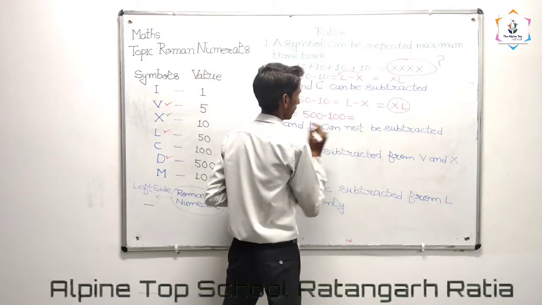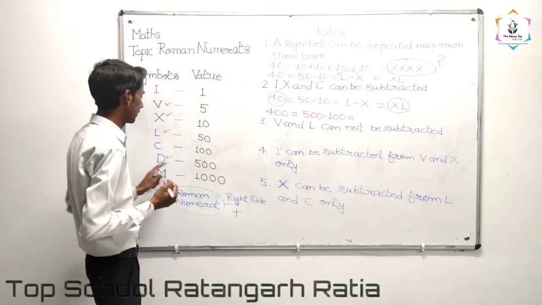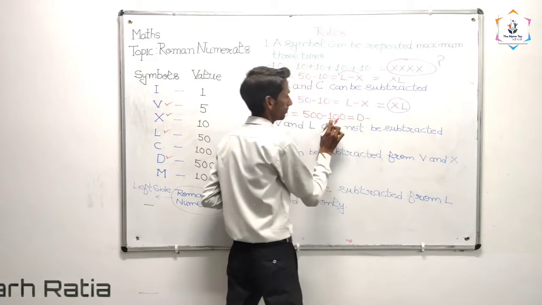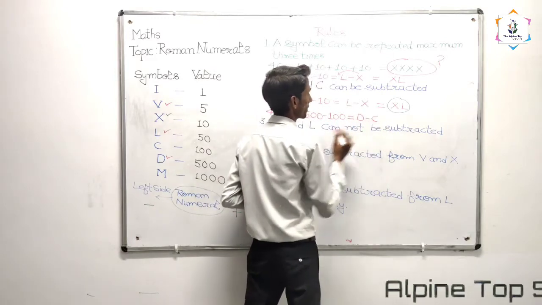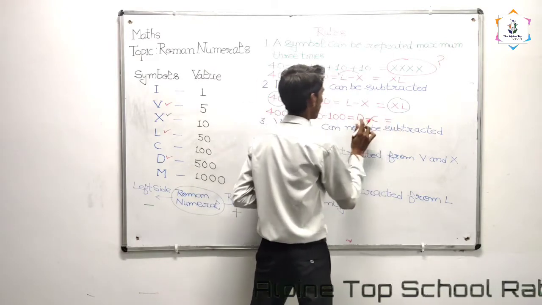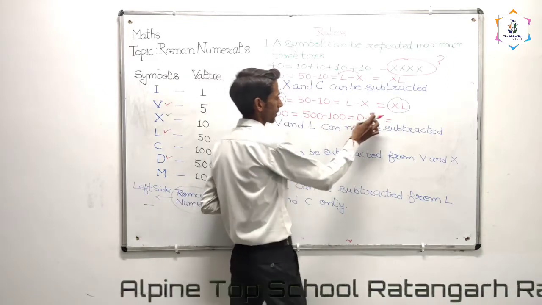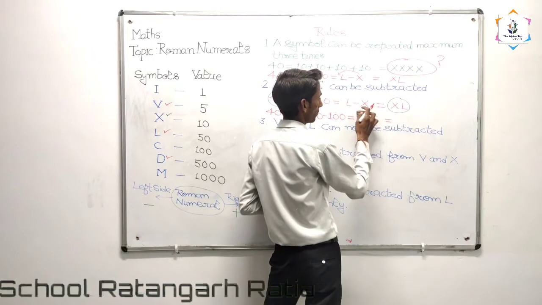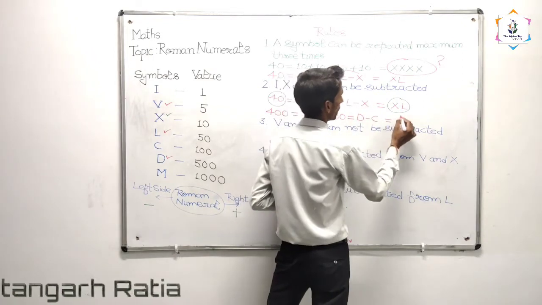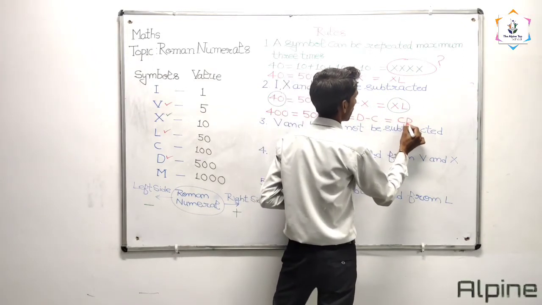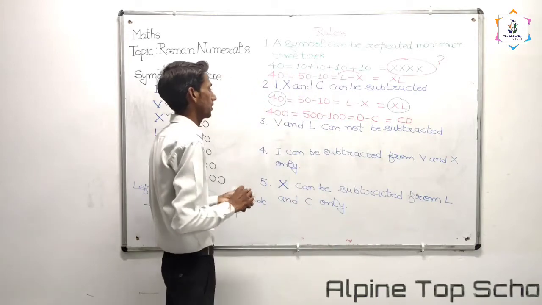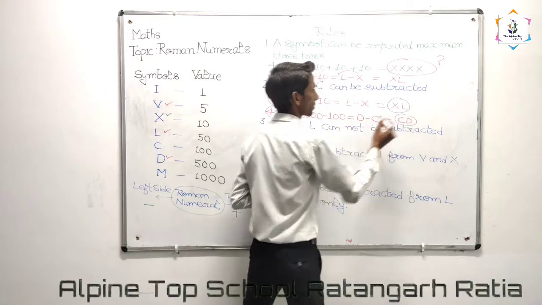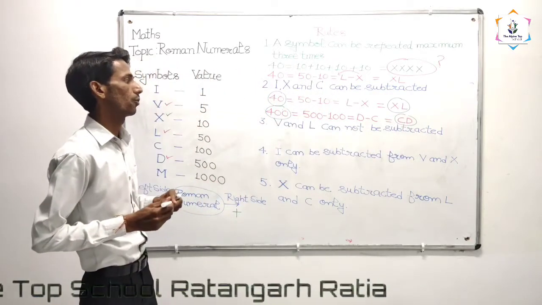The Roman numeral symbol for 500 is D, and for 100 it is C. Because I am subtracting 100 from 500, I have to shift C to the left hand side of D. It means CD is the specific Roman numeral way to write 400.